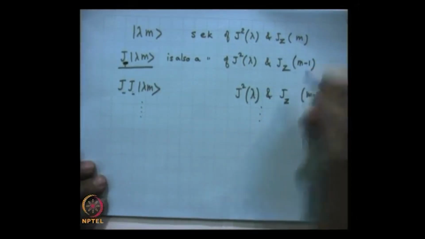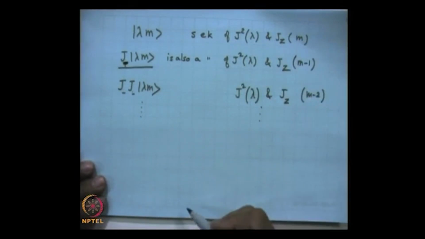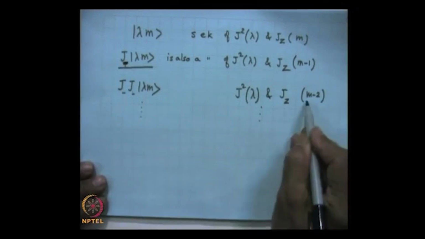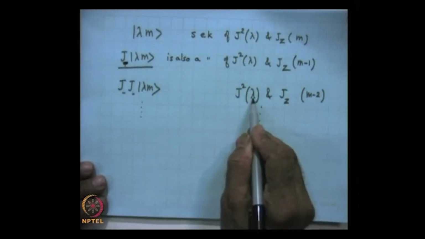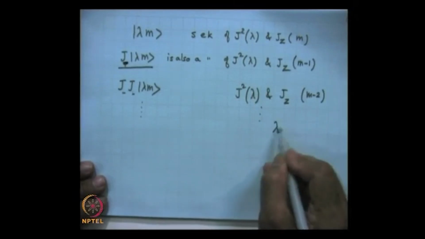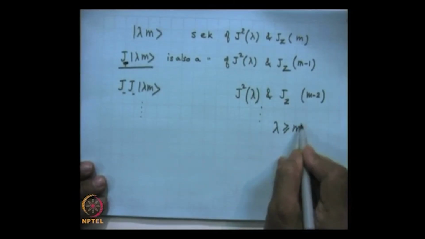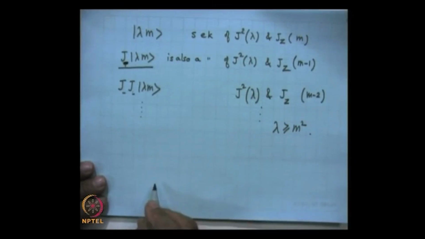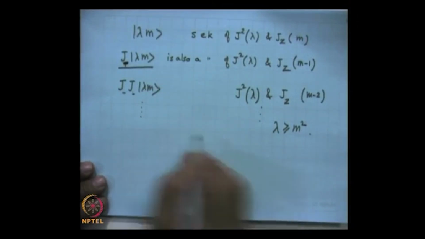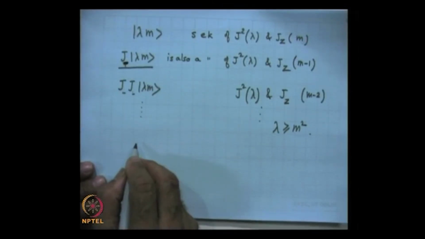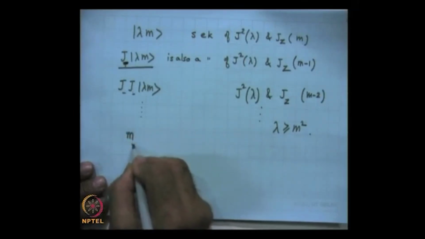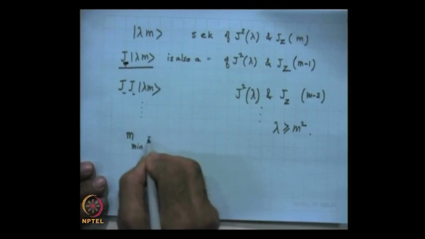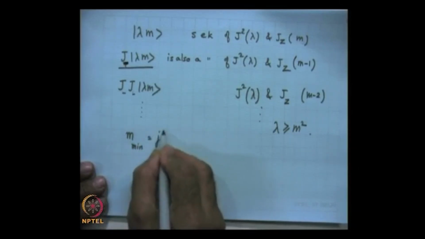But this is an arithmetical progression, m minus 1, m minus 2, m minus 3, and if it goes on indefinitely, then this quantity will become much greater than lambda, and we have the inequality that lambda must be greater than m square. So, there must be a minimum value of m, and let that minimum value be equal to j prime.